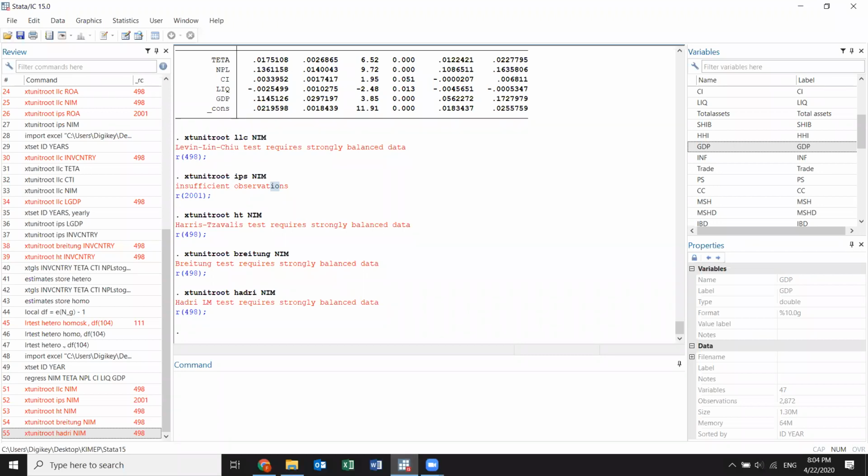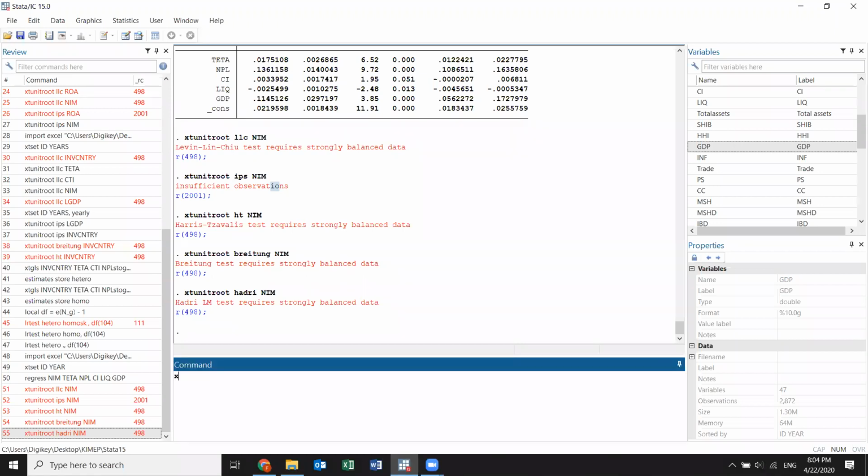So coming to the serial correlation. xtserial is equal to.